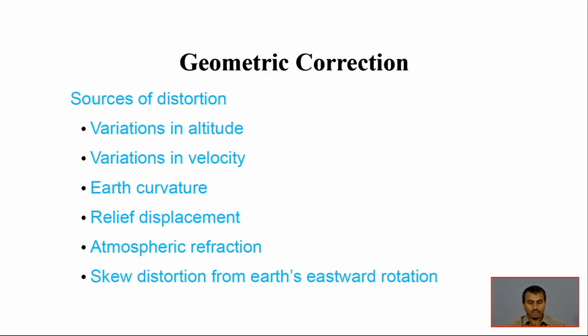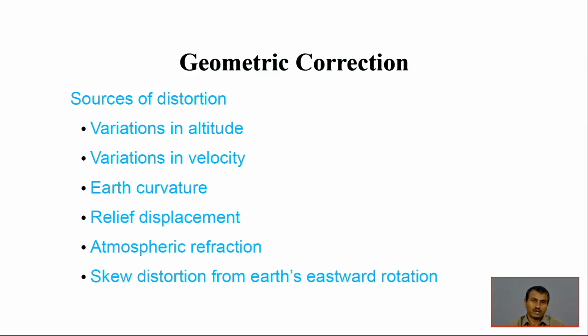Since the satellite is traveling, there is a field of view, you are acquiring the image, and if there is a slight change in the height of the satellite, it is going to affect the geometry, because it is going to change the field of view. So, that finally contributes to some amount of error, that is the variation due to altitude.